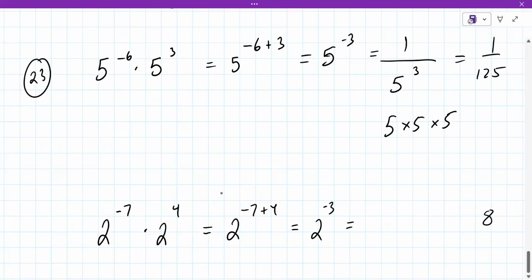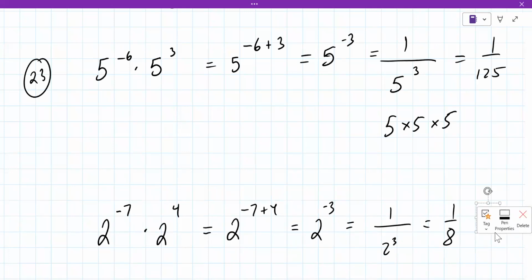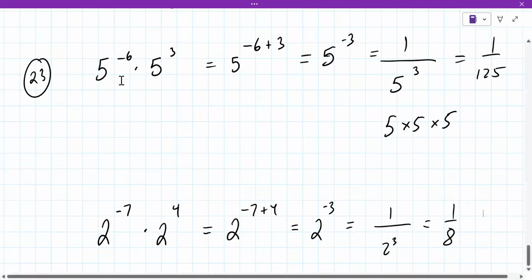Negative 8. What did we do in the previous problem? 1 over 2 to the power 3, which is 1 over 8. So everything you did here was correct. You're making all the classic mistakes. And again, keep in mind, I'm putting up a problem just like the one you're doing. I'm not trying to give you any tricks. I'm not trying to make it impossible here.